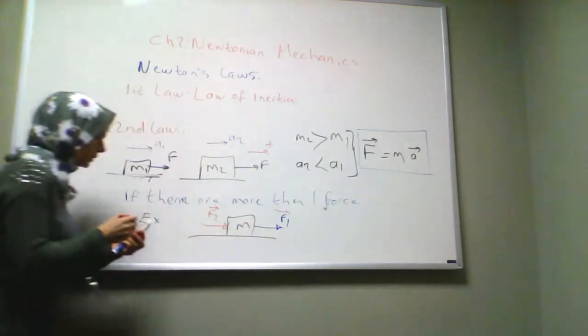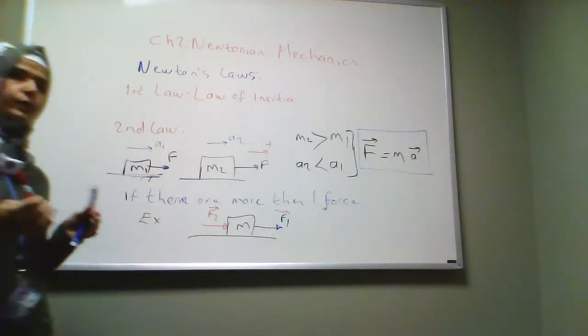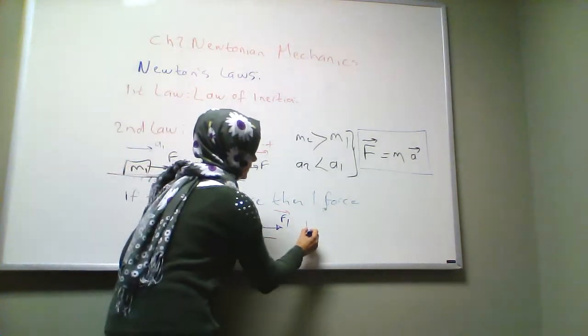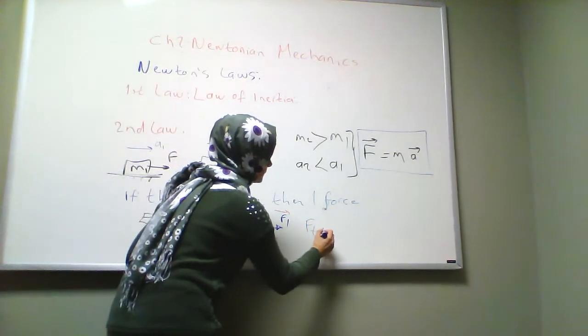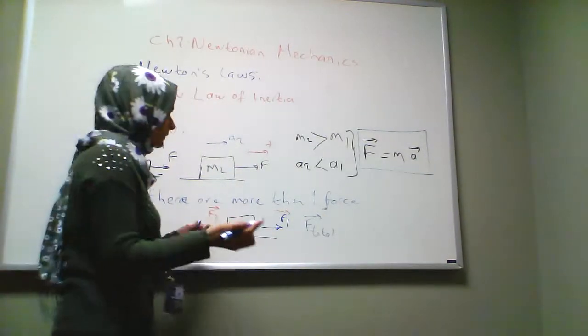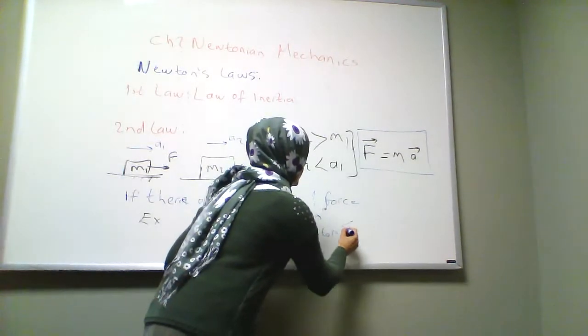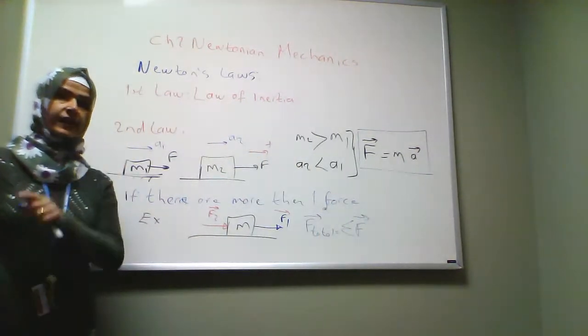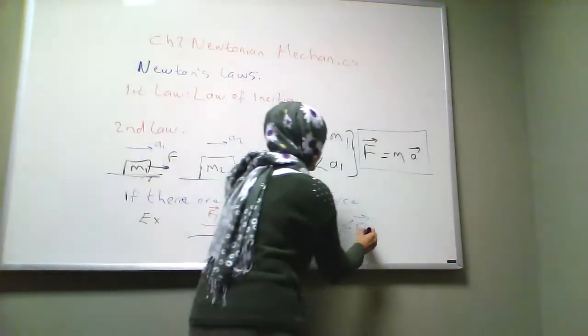Now my total force or net force, both are called interchangeably, my F total, is shown like this sometimes, or total F. I'm showing my vector because I'm going to be doing vector addition, is equal to F1 plus F2.